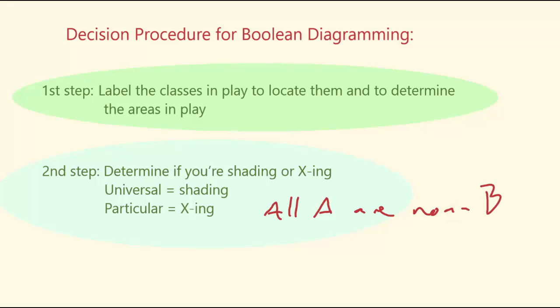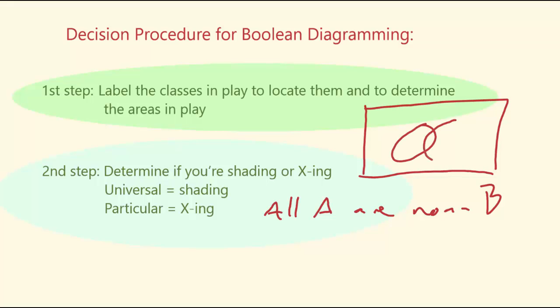Then what we need to do is think about the areas that we have with Venn diagrams. So let this be our A circle and let this be our B circle, our B category. Since we're talking about A's, area 2 is one that we might be interested in, as well as area 3, since areas 2 and 3 are where our A's are located.